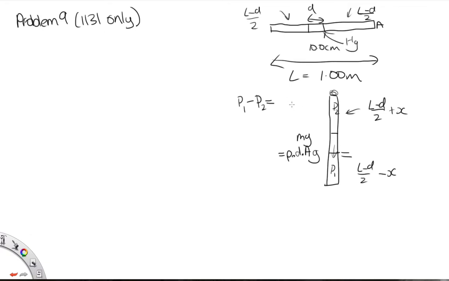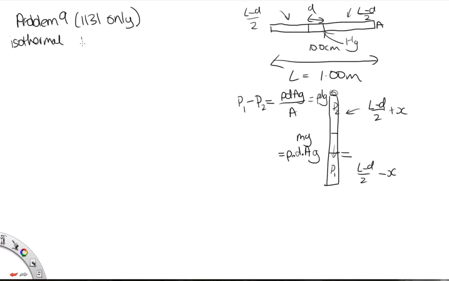So it's equal to rho d A g over A, which is just equal to rho d g. The question asks us to find X, by how much this mercury moves, when (a) it's isothermal, and (b) it's adiabatic.